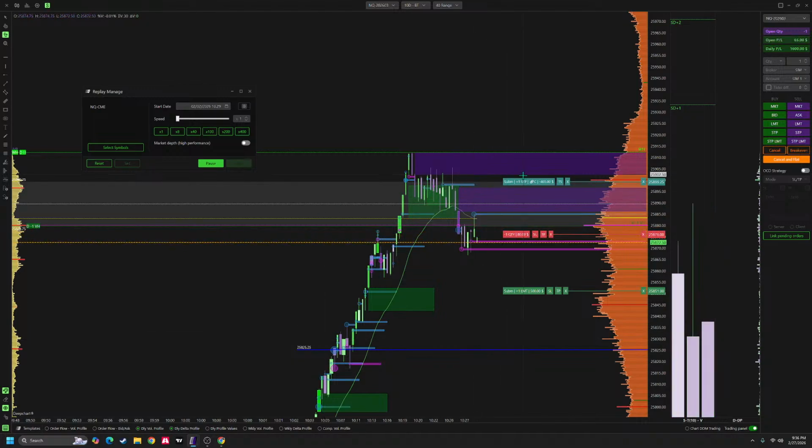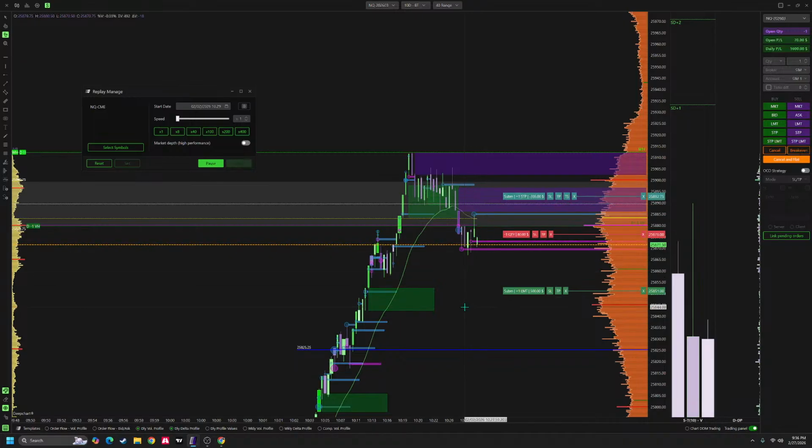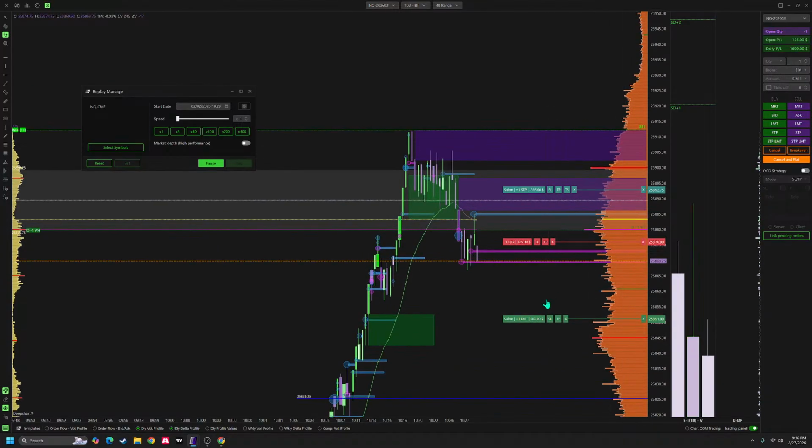I mean, the safest stop here is going to be up here. Maybe just keep it behind this strong selling candle with a little bit of space, just in case.